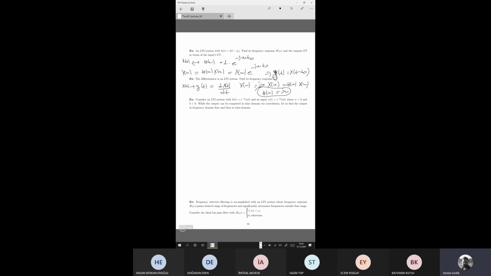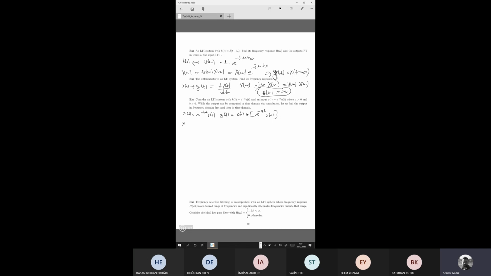So first I will start with writing the convolution. So x of t is e to the power minus bt u of t, and y of t is simply x of t convolved with e to the power minus at u of t.